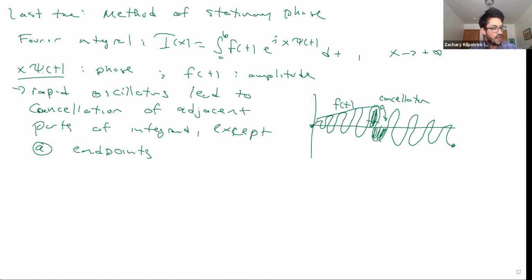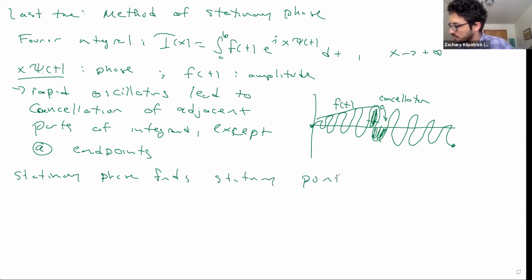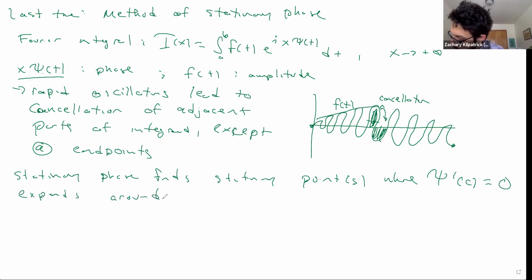The method of stationary phase finds the stationary phase point in your function psi of t, where essentially psi prime of c is equal to 0, and expands around.